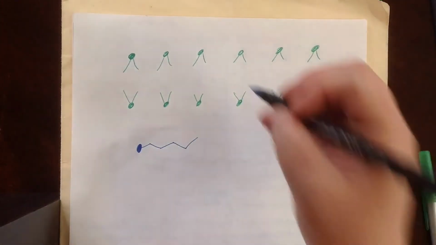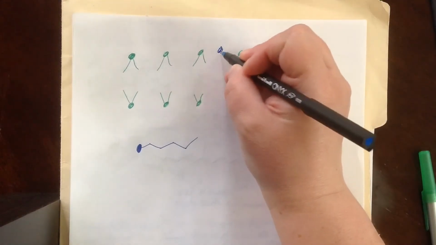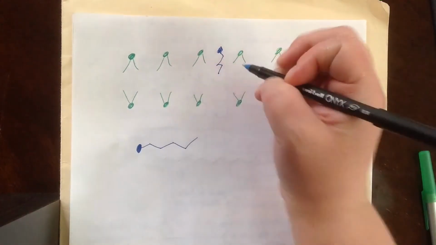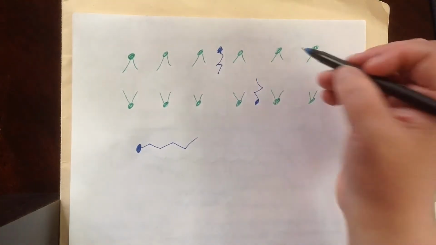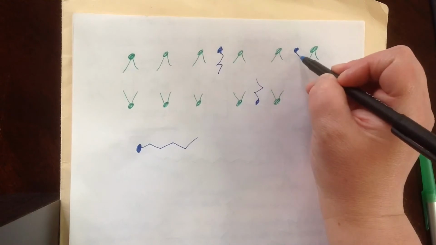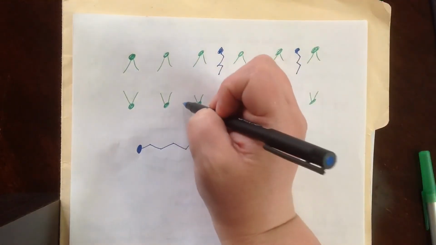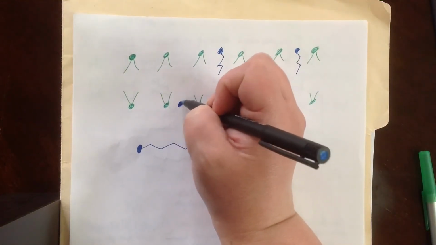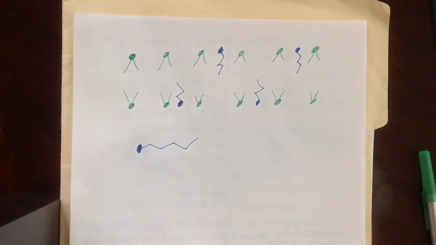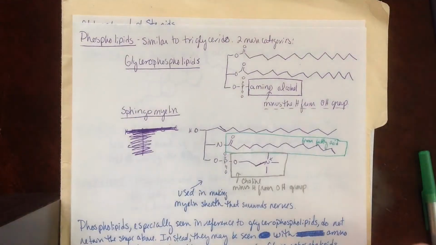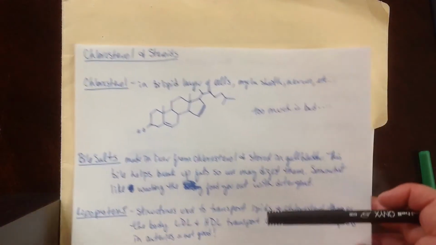Well, if we have a whole bunch of those things that insert themselves into a bilipid layer, they can start to break this apart until the entire thing just busts open because it no longer holds together very well. Okay, so that's what ends up happening, and eventually it will just break open. That's why it's important to wash your hands and keep the soap on there so it can do its job, and do it for 20 or 30 seconds, right?